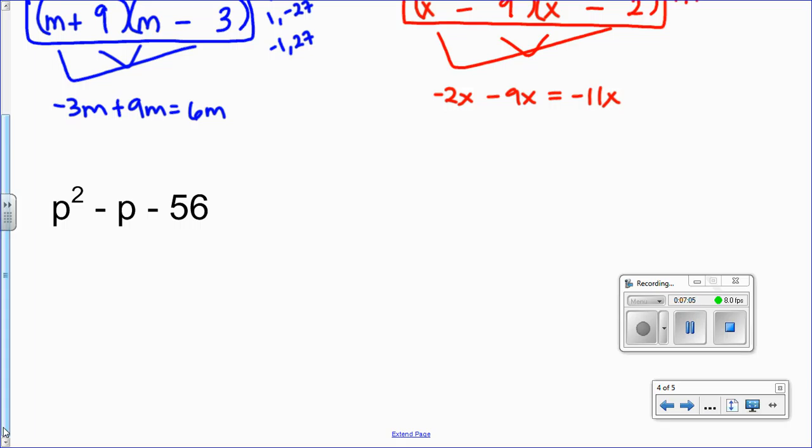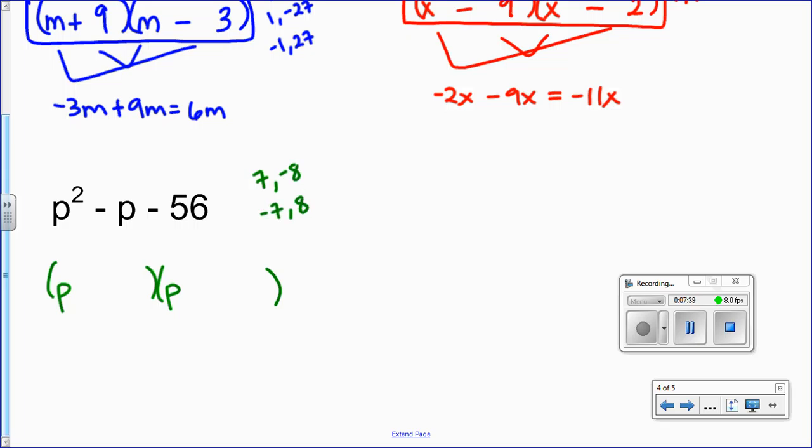Let's do this last example. Okay. So p and p will give me p squared. I need factors of 56. And it's negative 56, so one positive, one negative. So 7, negative 8.